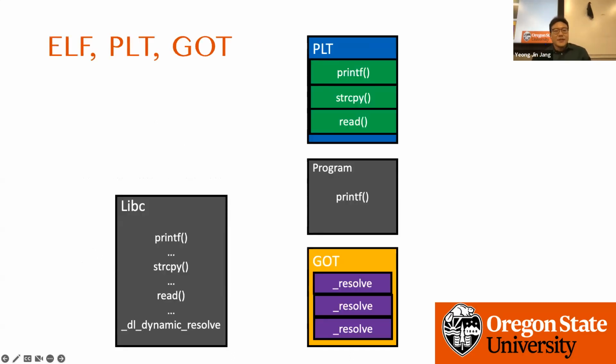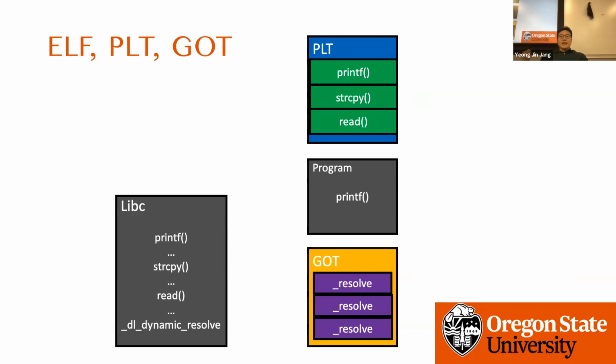And for PLT, GOT, those kinds of things, because at compilation time, we don't know where the library's printf will be located. The same binary program will work for VMCTF1 and VMCTF2, but VMCTF1 is disabled with ASLR, and VMCTF2 is enabled with ASLR.